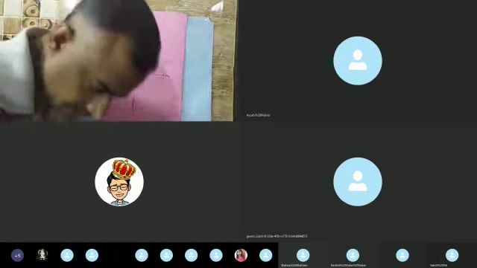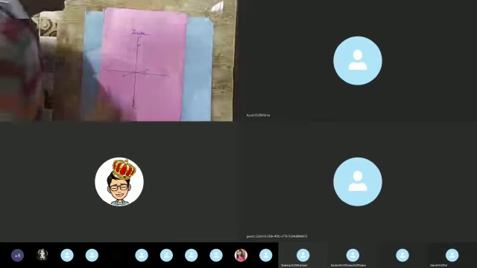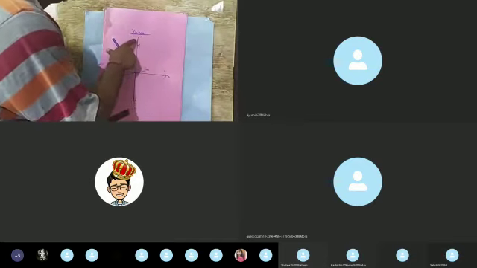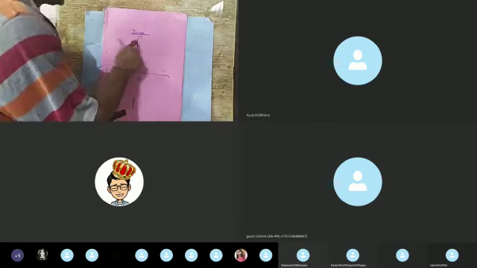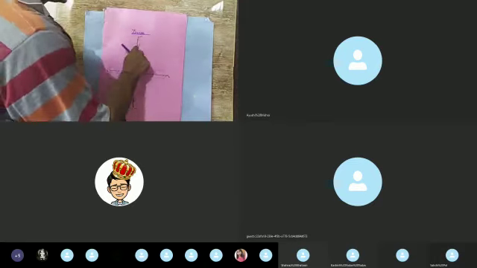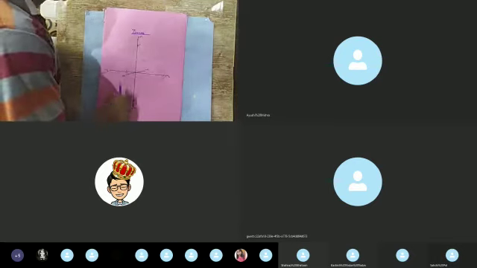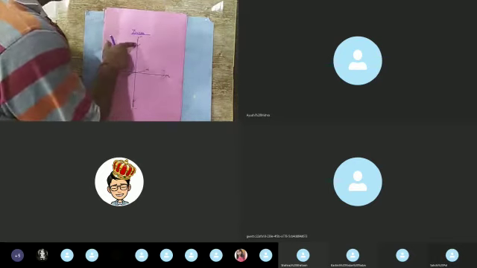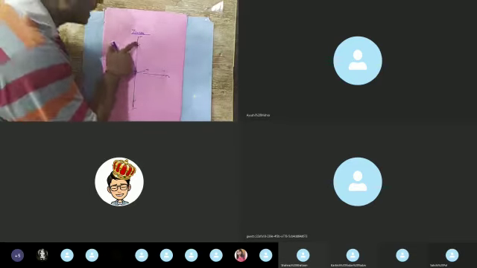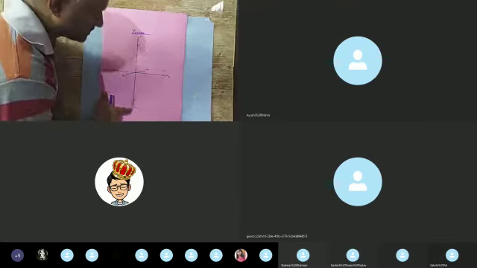Now in the next step, what will we do? We extend 1 unit total, that means 5 units from the upper side and 5 units from the lower side. 5 units means 0.5 inch, or you can say half inch, from this point and half inch from this point.